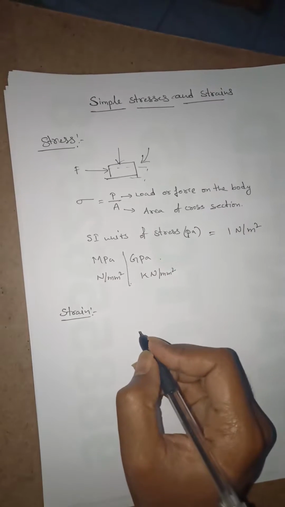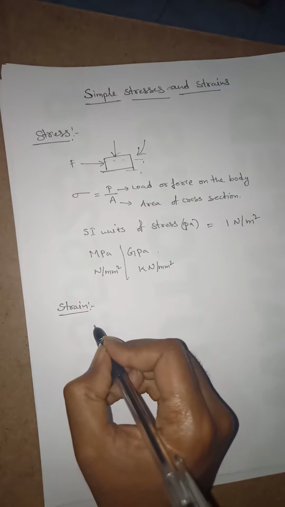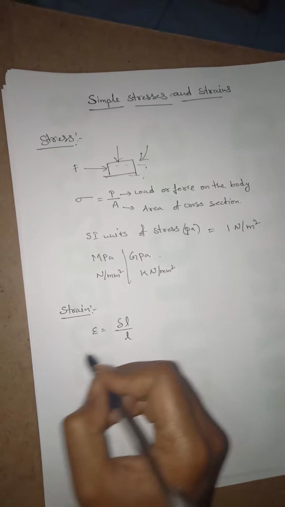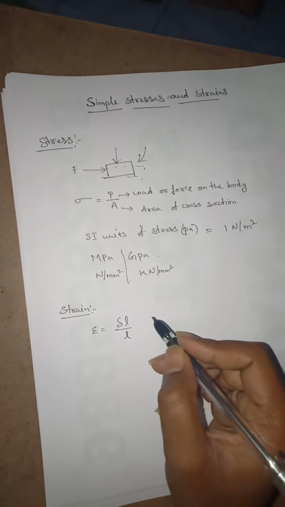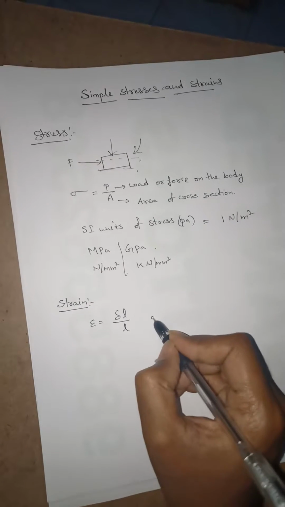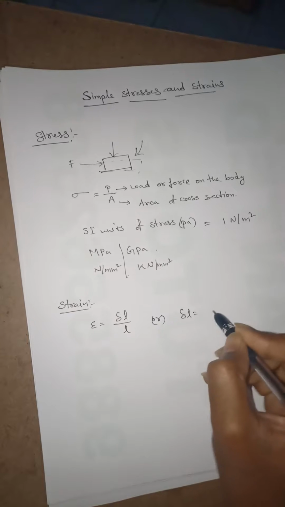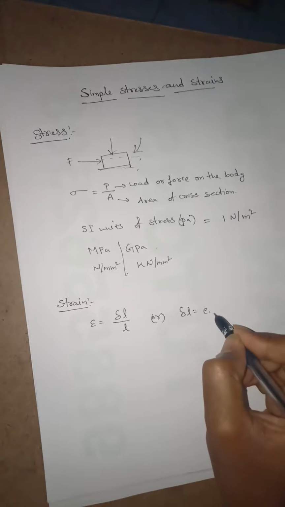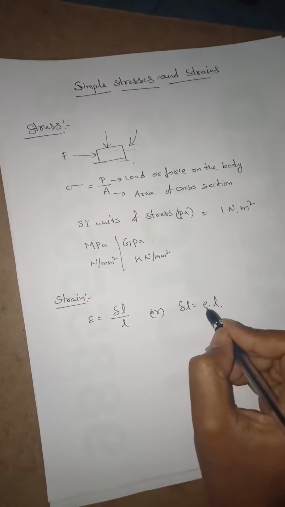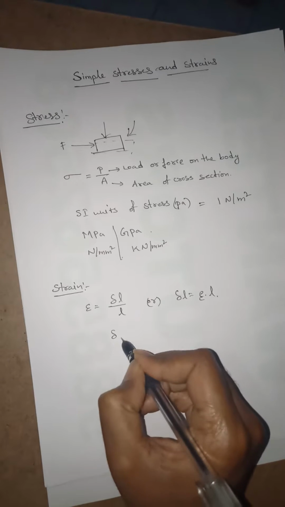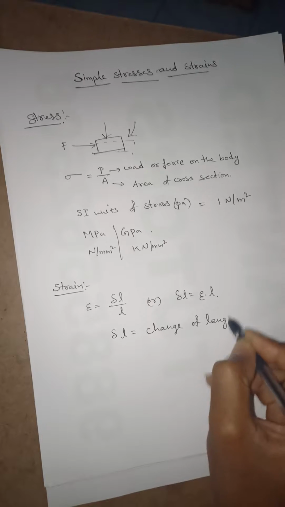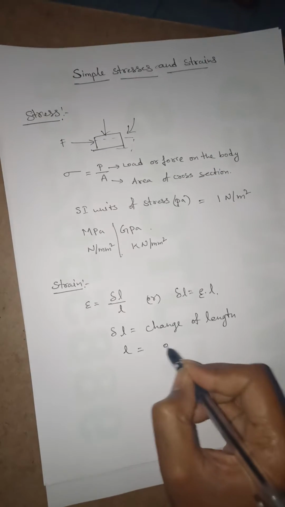Mathematically, strain is equal to change in length by original length. In place of length you can take any dimension also, like length, breadth. Or delta L is equal to strain into length. Delta L is the change of length, and L is the original length.